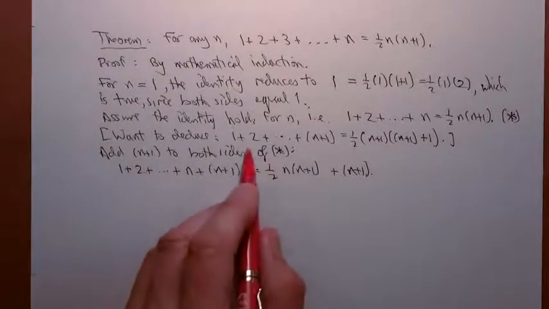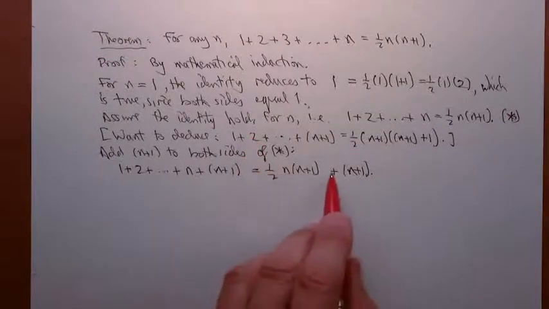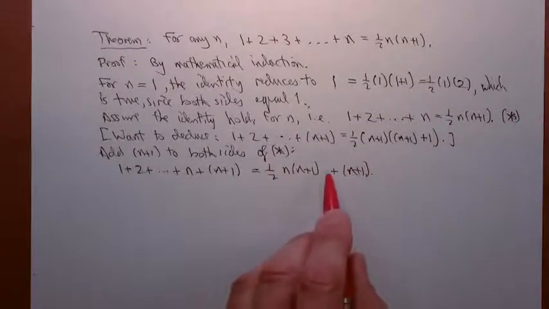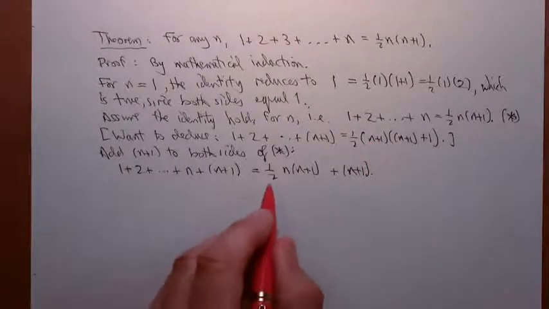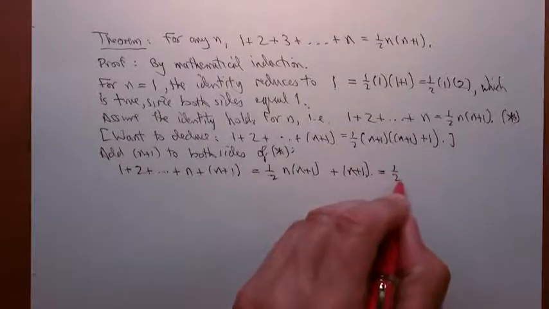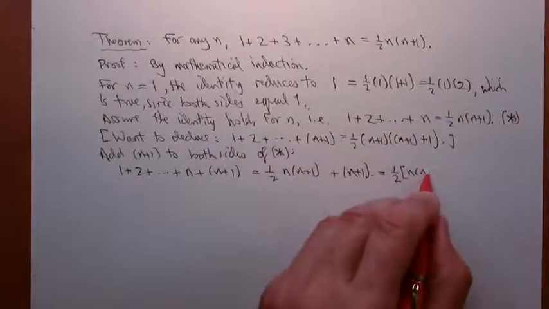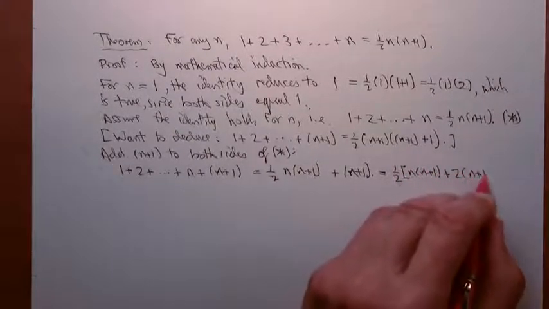So I've now got the left-hand side of what I want to prove. I need to show that the right-hand side is the right-hand side of the thing I want to prove. So I need to show that that is the same as that. Well, let's just see what happens. I can take the half out as a common factor. So I've got a half into n times n plus 1 plus 2 into n plus 1.